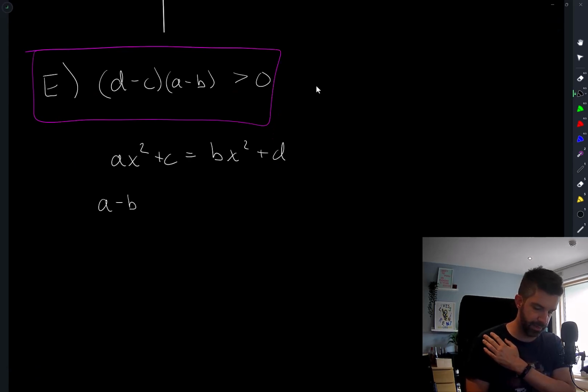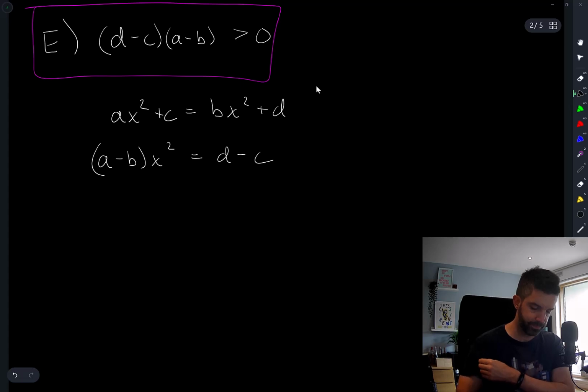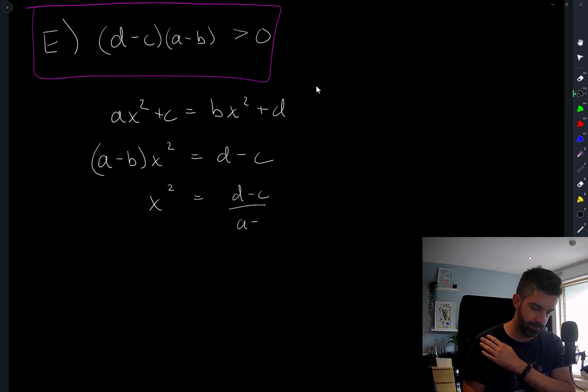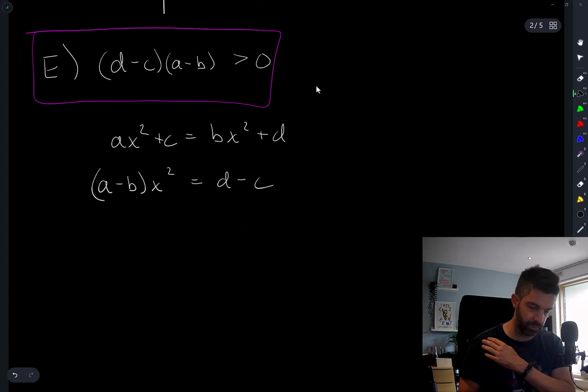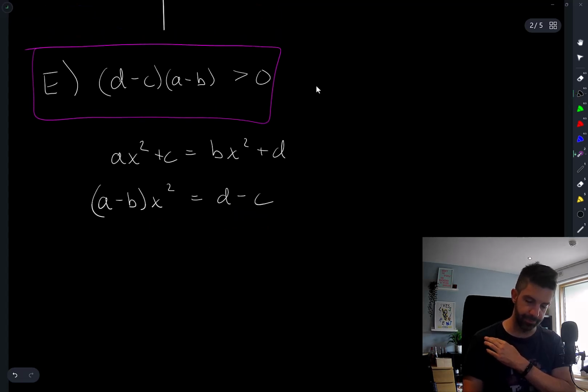So I have a minus b times x squared equals d minus c. So x squared is equal to d minus c over a minus b. Okay, hold on. Let's just look at this equation here now.